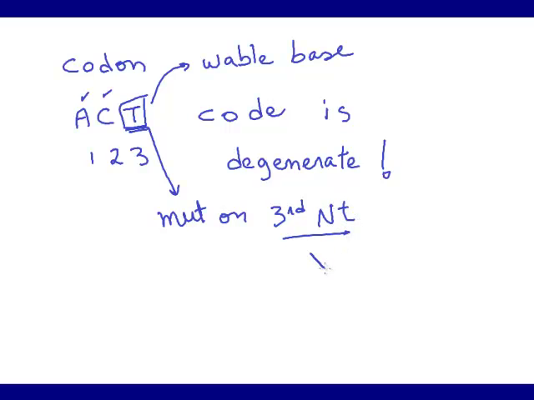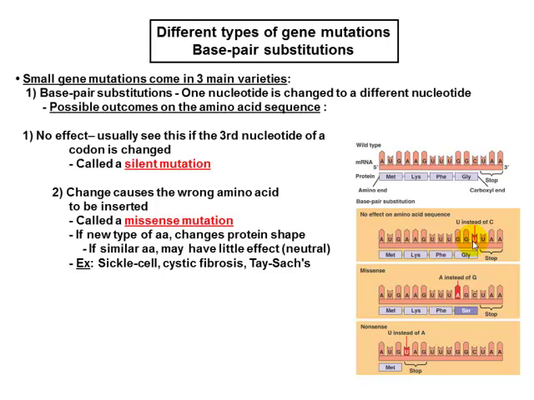Now, when you have a mutation on the 1st or the 2nd, usually the 1st base of the codon, you have a change to the codon and to the recognition by the anticodon. So instead of bringing, let's say, the tRNA for proline, you change the 1st base and you bring the tRNA for alanine.